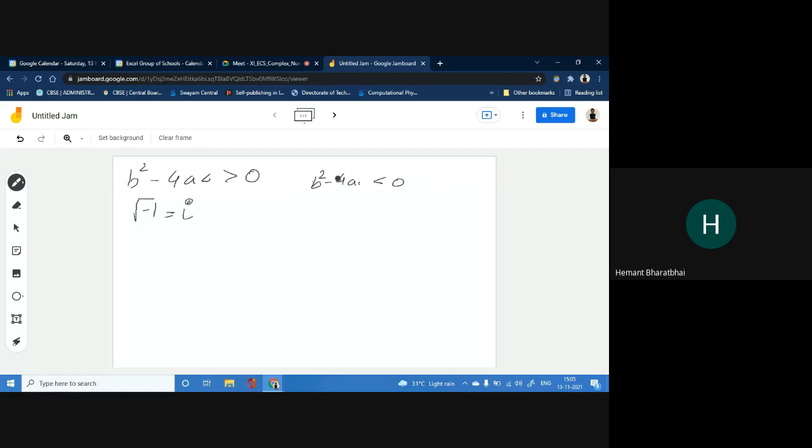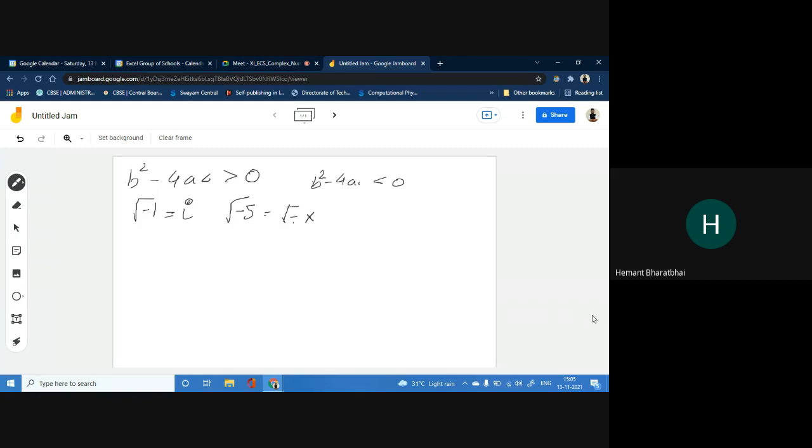So under root of -1 is denoted by i. This is what I said, which in Greek letter is called iota, which is also denoted by i. So we'll say it as i only instead of iota. Suppose it is something like under root of -5.